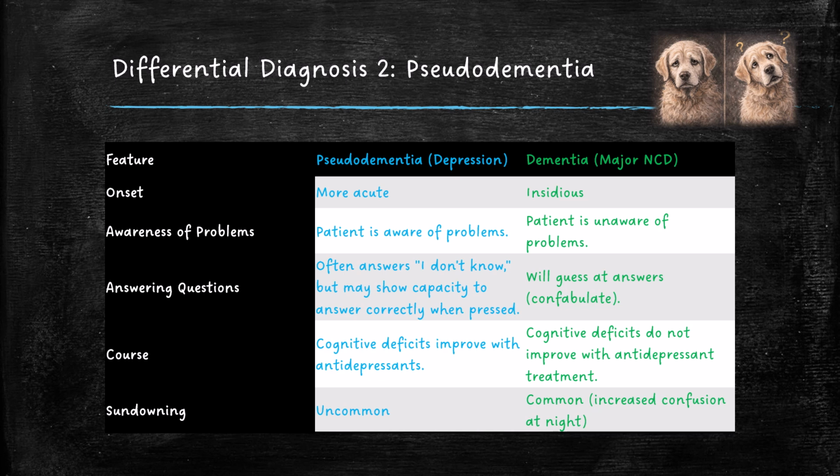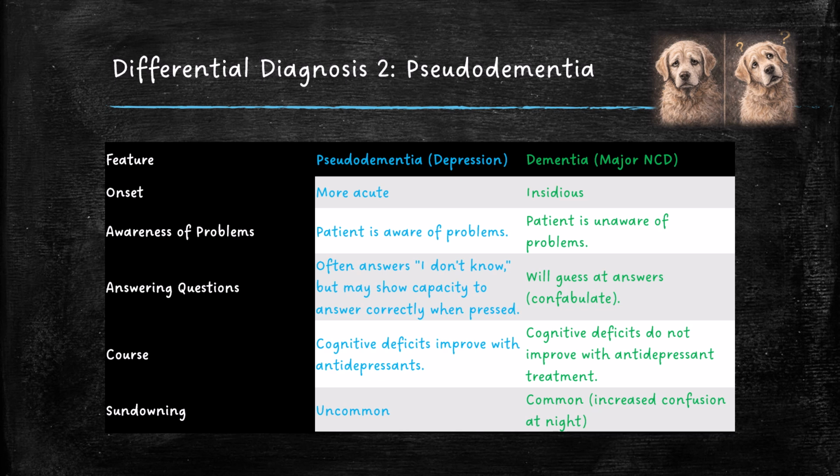The cognitive deficits of pseudodementia or depression improve with antidepressants, whereas in dementia, there's not going to be any improvement with antidepressants. Sundowning is uncommon with pseudodementia or depression, but it is very common with dementia.